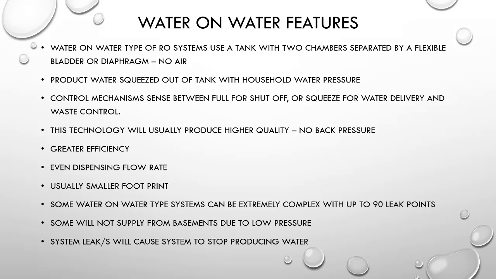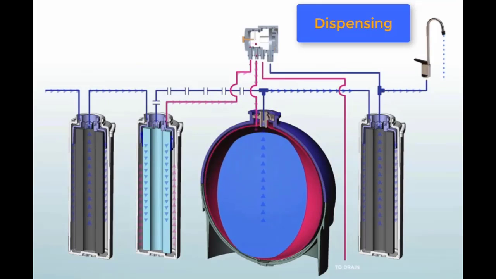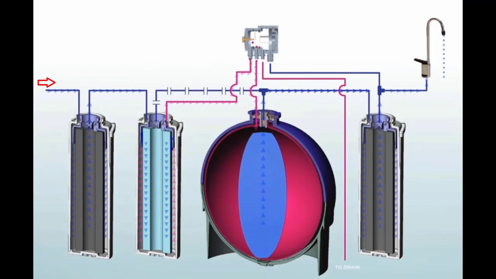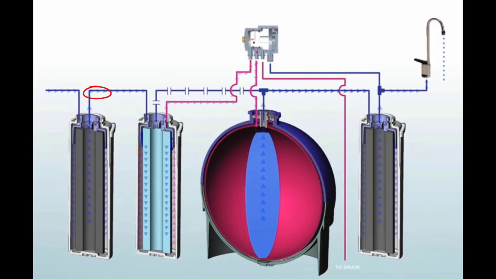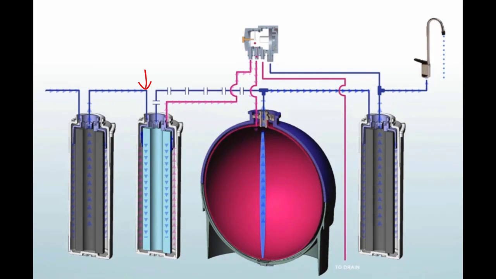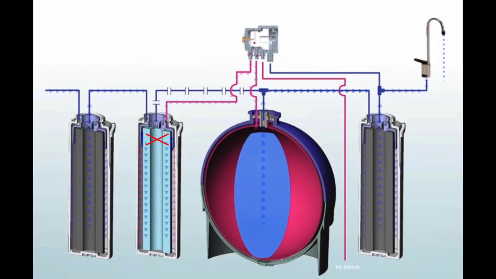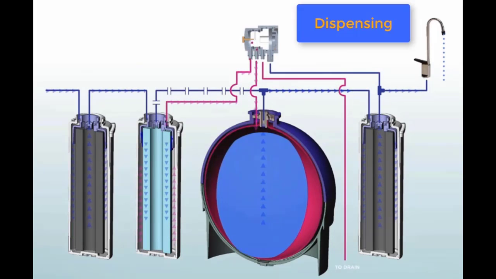This is the operation during dispensing of water. The water is entering from the left-hand side, going into the pre-filter. And you can see the water discharging out of that pre-filter and going into the membrane. But note, there is no water working its way from that membrane into the middle permeate tube. So there is no permeate actually coming out of this membrane right now in this dispensing animation.